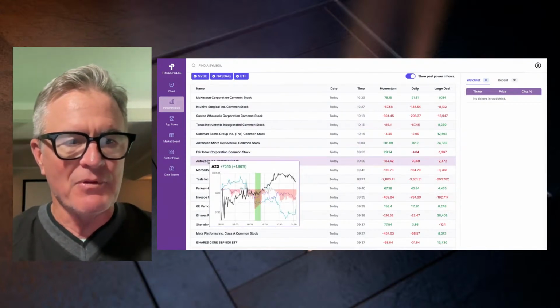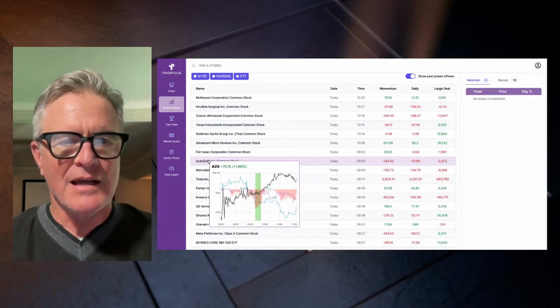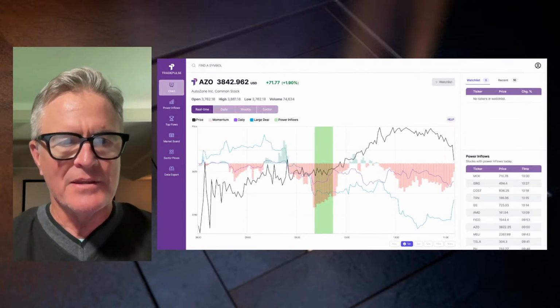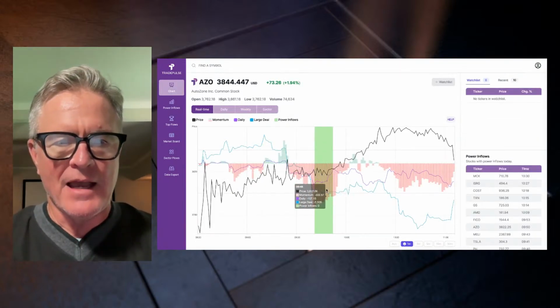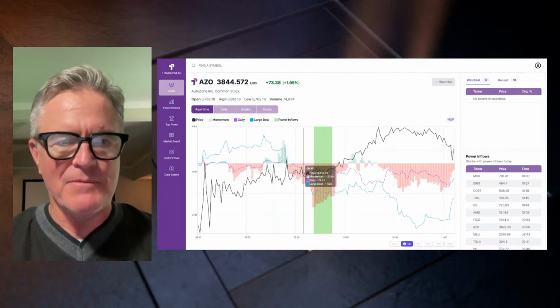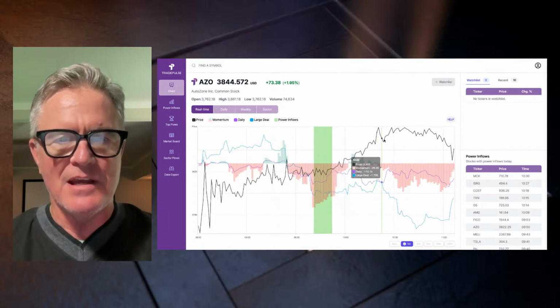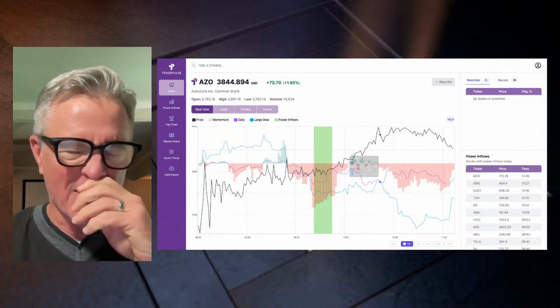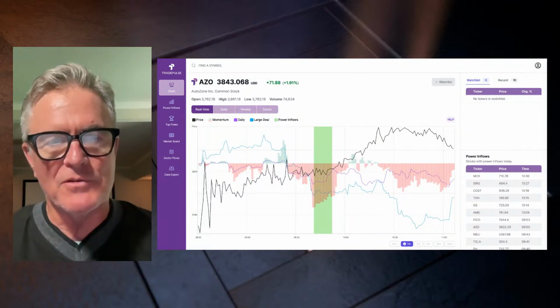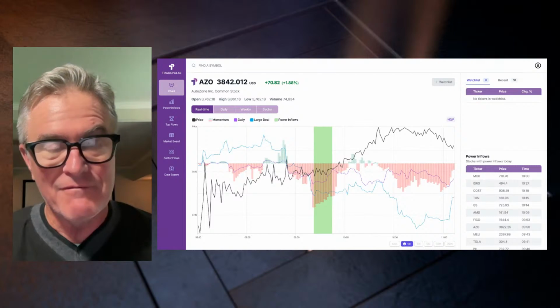So here's an example here. AutoZone had a power inflow this morning at 10:50. And it came in here, and you can see the stock had been moving sideways, and then we started to see a climb. It actually climbed almost 50 points. Now, it is a $3,000 stock, but it did climb almost 50 points from that power inflow.